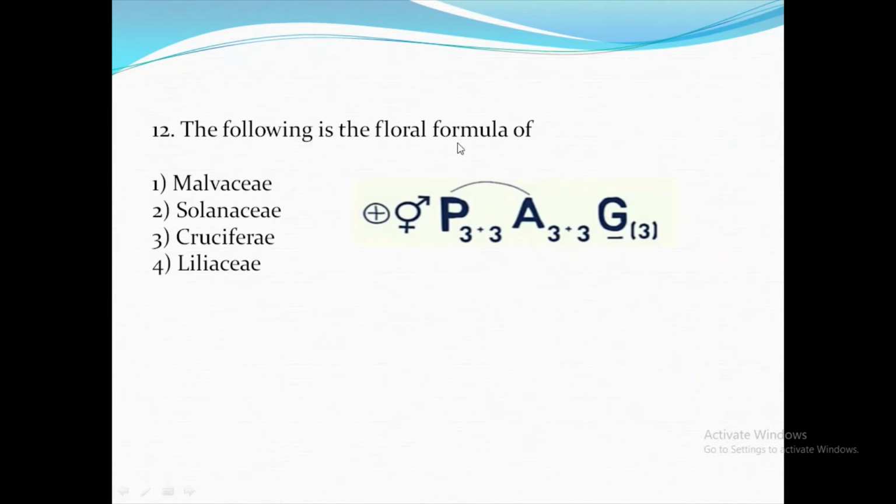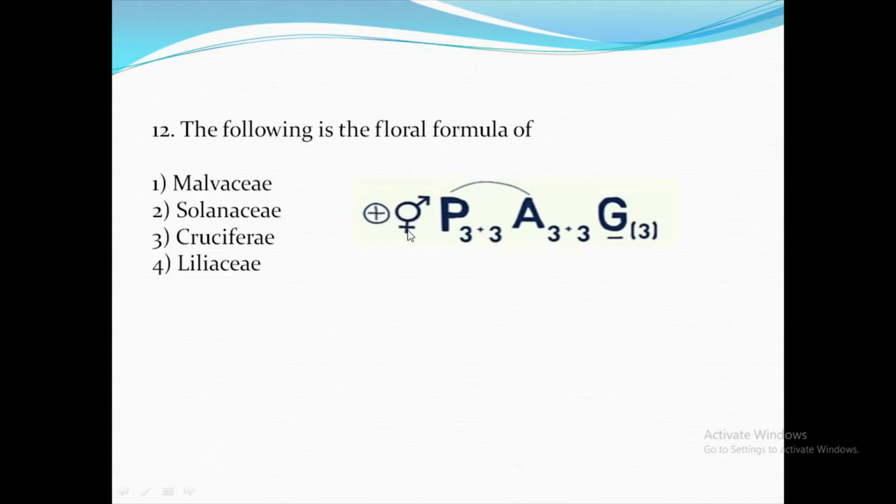The following is the floral formula of... Now a floral formula shows different parts of the flower and their condition. Here, this plus symbol represents that the flower is actinomorphic, that is radially symmetrical. It can be cut into two equal halves along any vertical plane passing through the center.